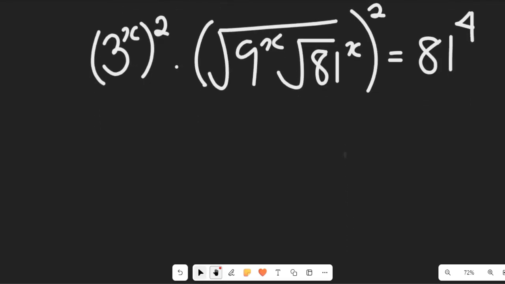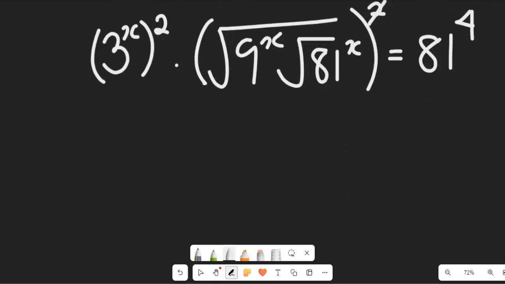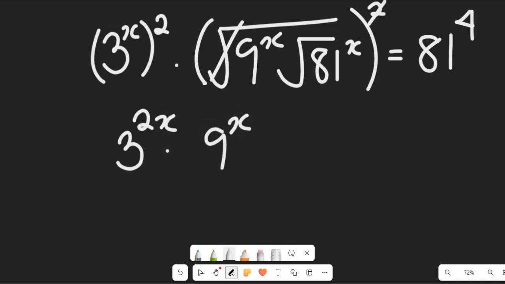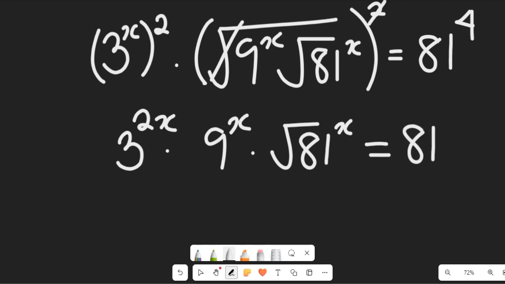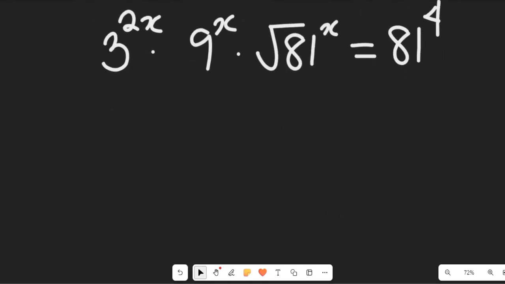Good. So from this expression, you find out that this square will take care of this square root, and then we will be left with 3 to the power of 2x multiplied by 9 to the power of x multiplied by the square root of 81 to the power of x, and this will be equal to 81 to the power of 4.